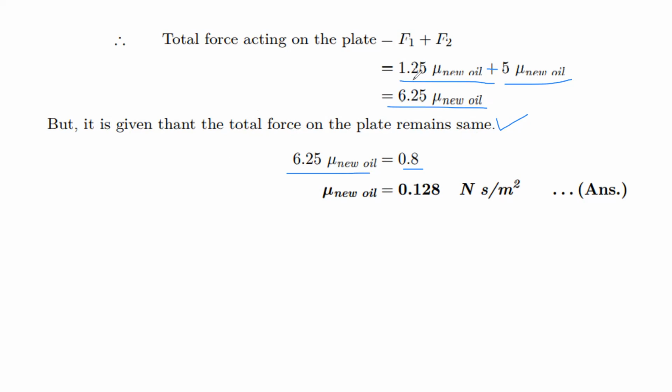So it is only the sharing, how much F1 has share in the total force and F2 has share in the total force, that ratio we have found. So 6.25 times mu new oil will be 0.8. Therefore mu new oil is equal to 0.8 divided by 6.25. So viscosity of the new oil will become 0.128 Newton second per meter square.